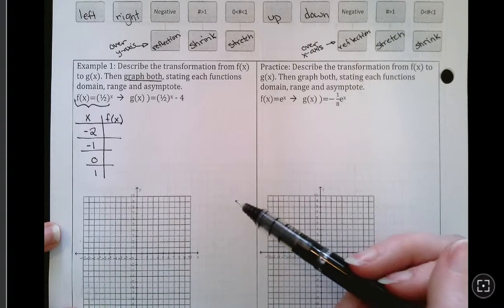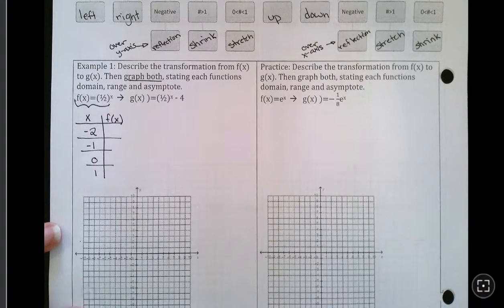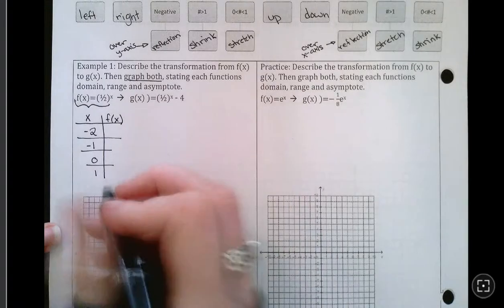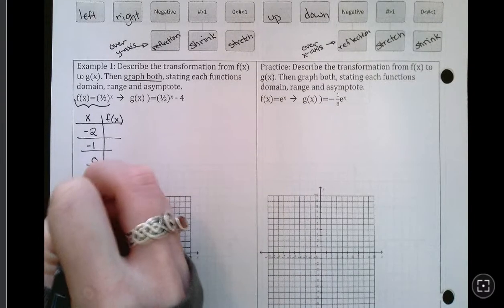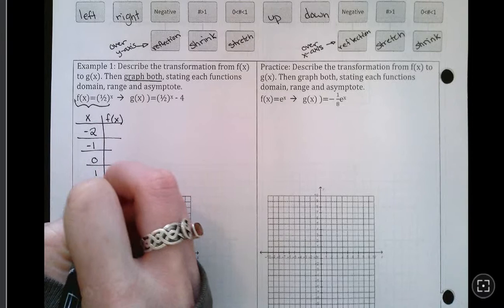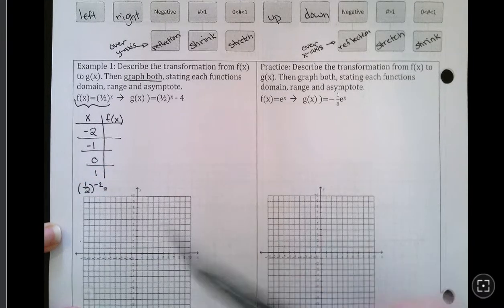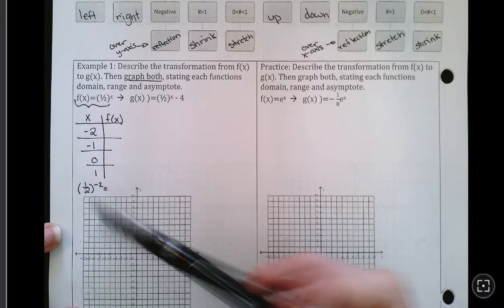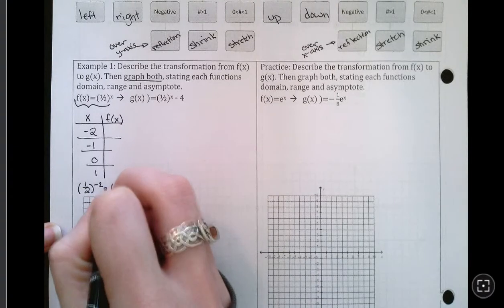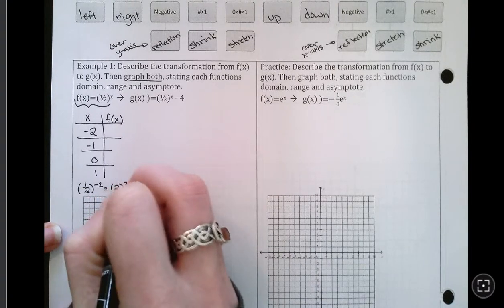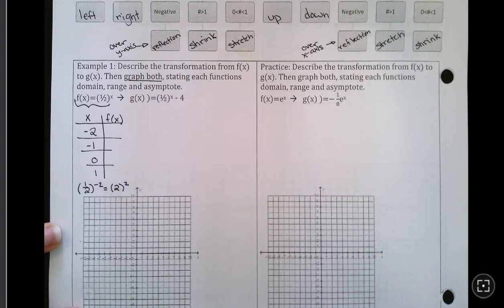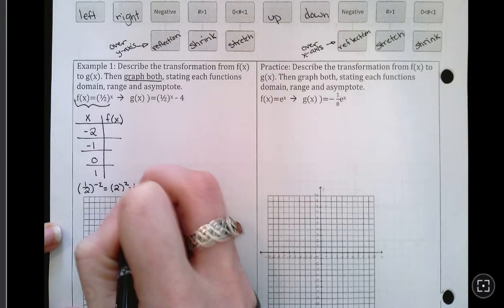When we plug negatives in, remember, our exponent rule says if I have a 1/2 to the -2, I have to take my reciprocal here. So I flip this fraction over, I end up with a 2 over 1, or just a 2. Square it then, because that was my negative, now I square it, that gets me a 4.